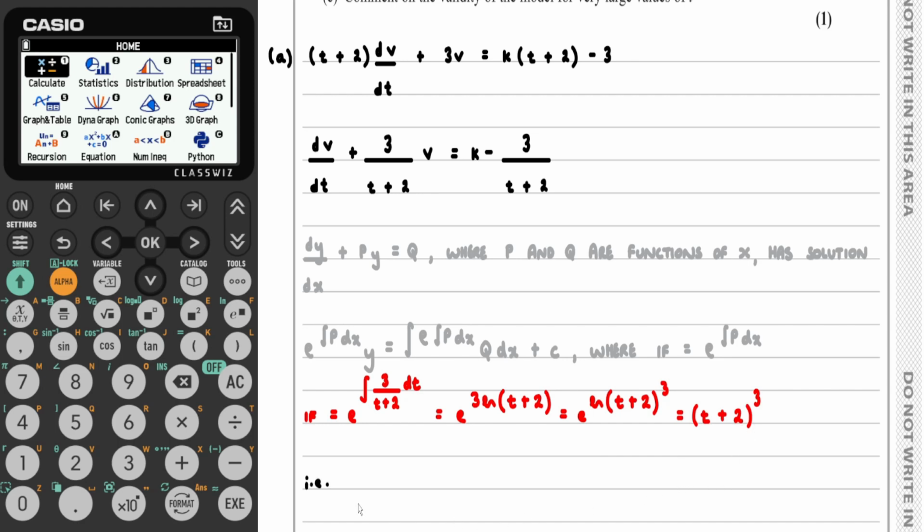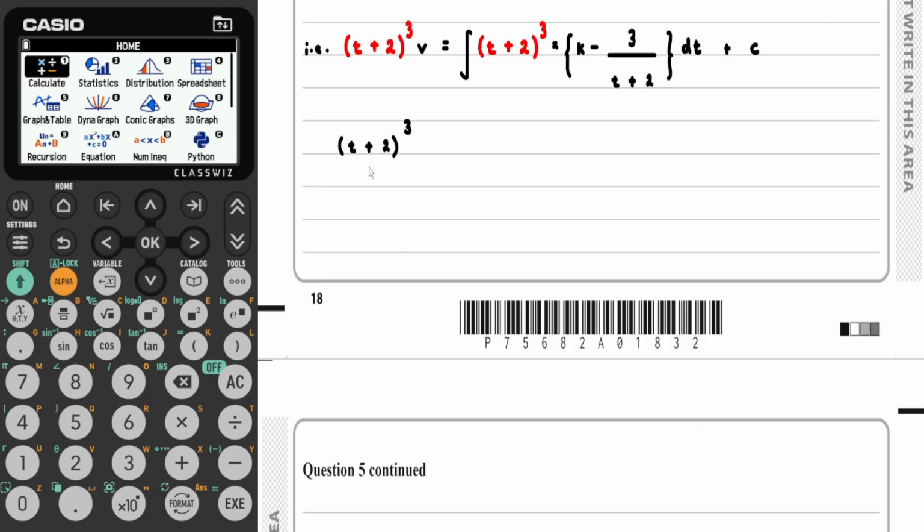And so we would have a solution of (t+2)^3 times v equals the integral of (t+2)^3 times (k − 3/(t+2)) with respect to t, plus c.